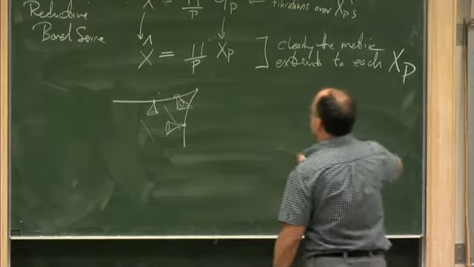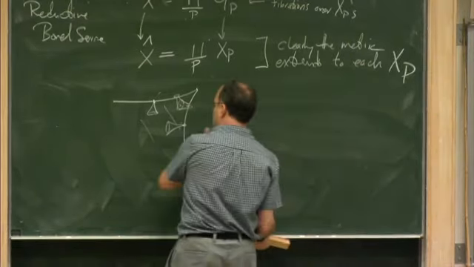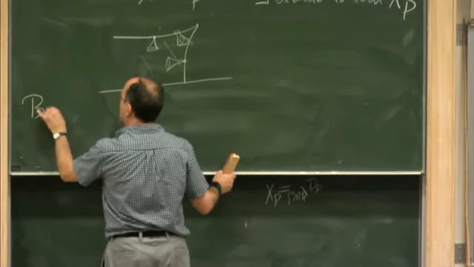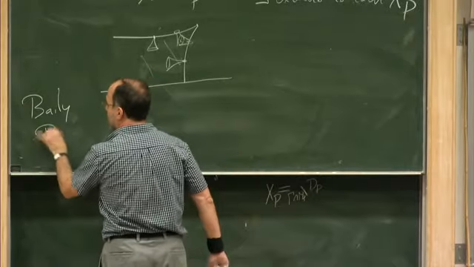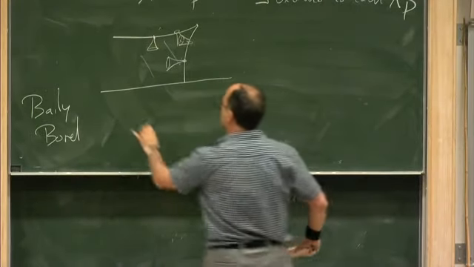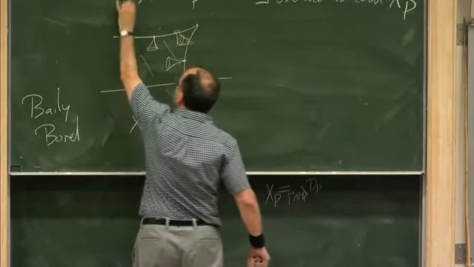So that's how you get to a compactification that makes the most sense for differential geometry. And now if you want to do complex analysis or algebraic geometry, you want to go to the Baily-Borel compactification.